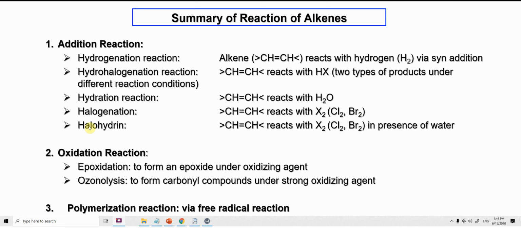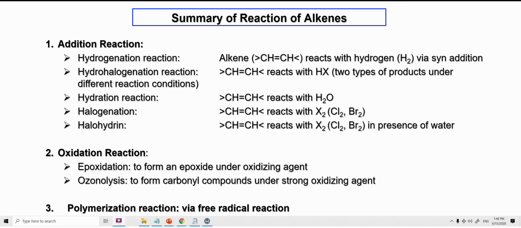And then if you have the alkene reacted with these halogens in the existence of water, you are going to have another reaction called halohydrin reaction.